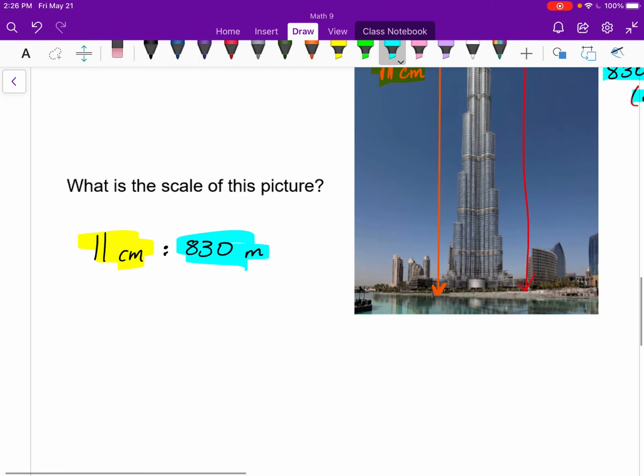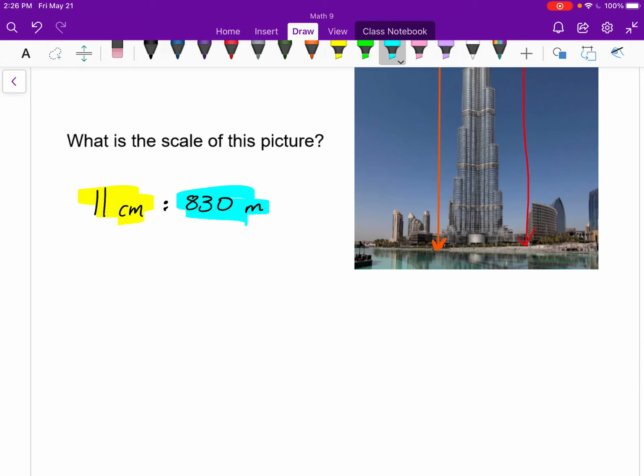That said, quite often it's nicer with a scale to have your first number be 1. So if I go from 11 centimeters to 1 centimeter, I can do that as long as I divide 830 by 11. And if I go 830 divided by 11, I get about 75.5.